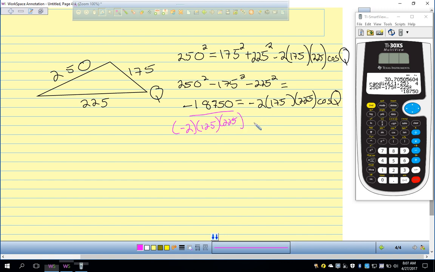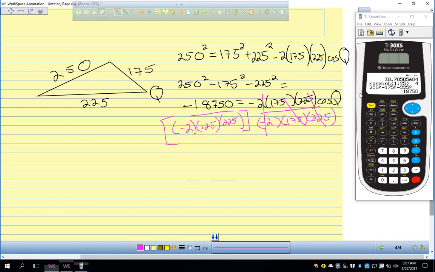And I'm going to divide that side by the same thing, negative 2 times 175 times 225. And again, you have to be careful or you're going to make mistakes, okay? You have to put this all in one chunk that you're dividing by. Otherwise, it's going to divide by negative 2, then multiply by 175 and 225.